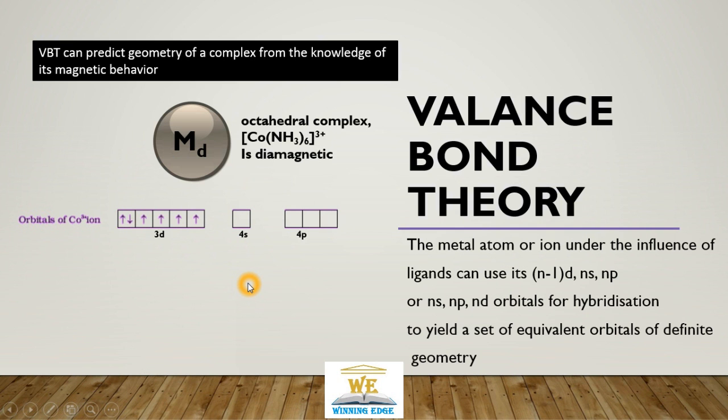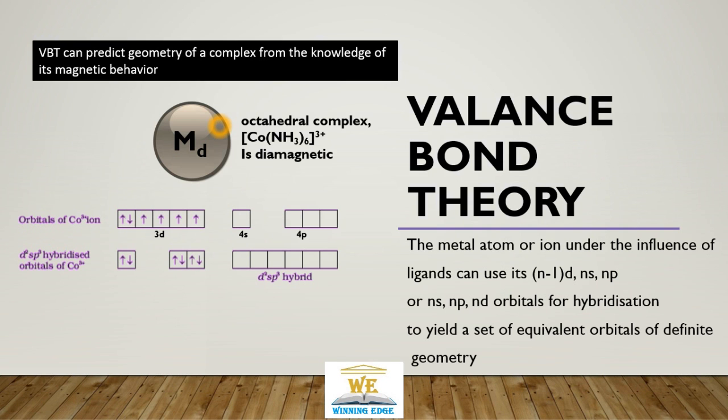Now, during hybridization, what happens? Two pairs of electrons will pair back to justify its diamagnetic behavior, because if this complex is diamagnetic, it should not have unpaired electrons. The only way to get rid of unpaired electrons is pairing up.